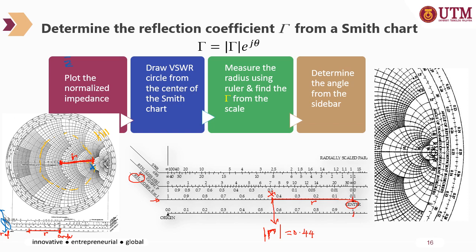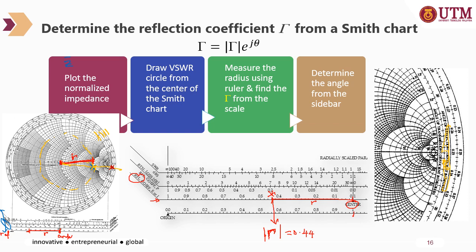So look at the angle of reflection coefficient in degrees, and read through the points. For example, for your Z just now, the normalized impedance there, draw a line from the center crossing the Z, then read the angle there.